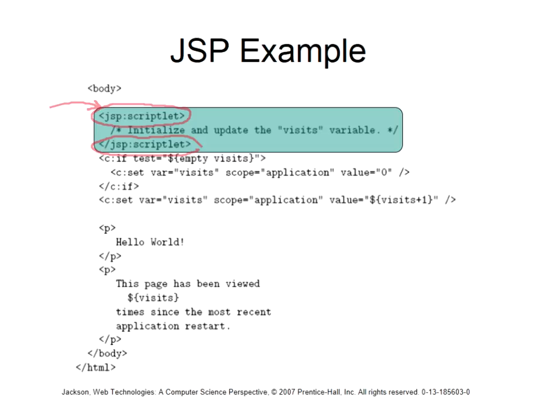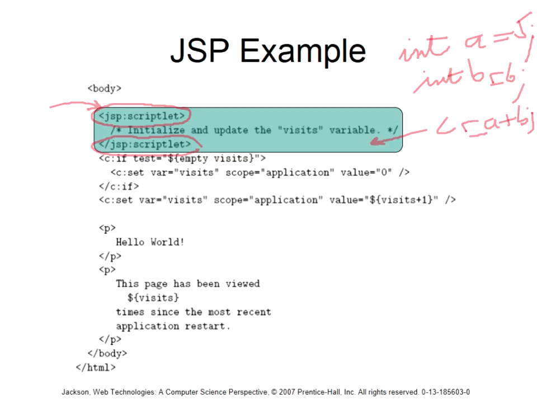For example, here I can write int a equal 5, int b equal 6, c equal a plus b. Any Java code can be inserted into a GSP scriptlet. Is it clear?